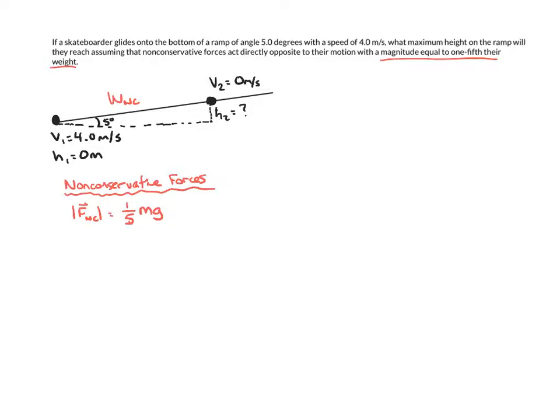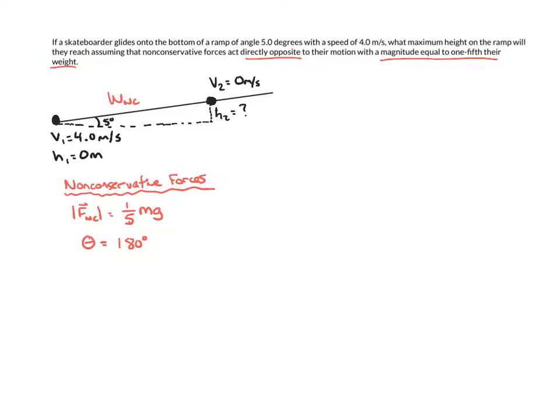Weight is the force of gravity, which is m times g. So that's what magnitude of 1/5 the weight means. In terms of direction, it says that it's directly opposite. Directly opposite. So that means that the theta used in the work formula is going to be 180 degrees.